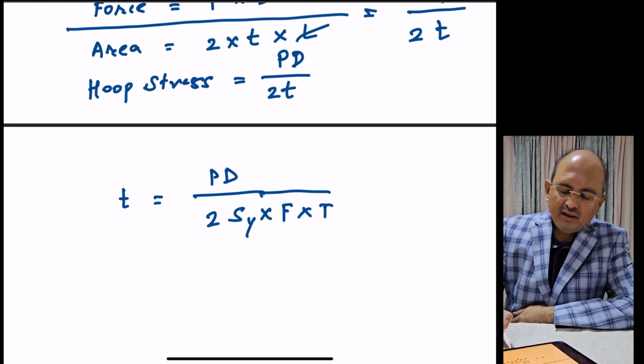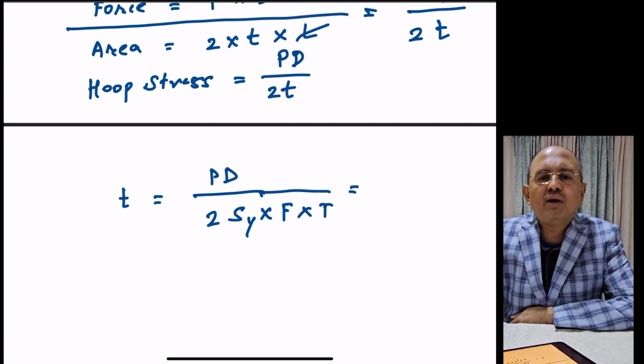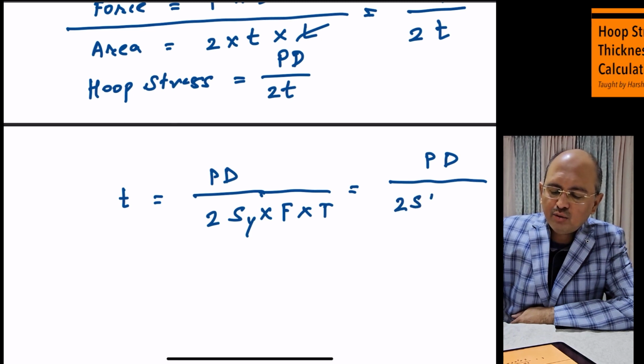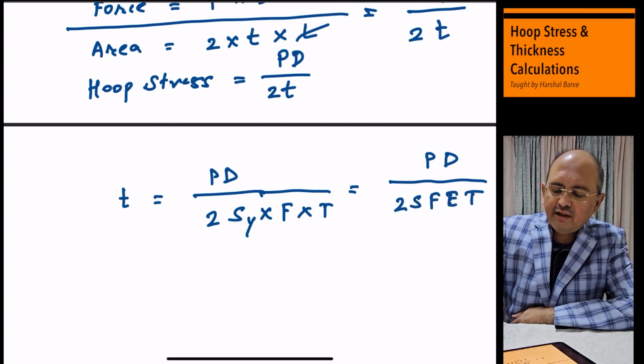So basically, if you see the pipeline design codes, you will always see the formula for calculating the thickness of pipe is PD by 2SFET.